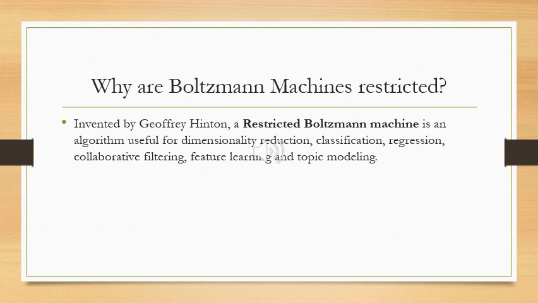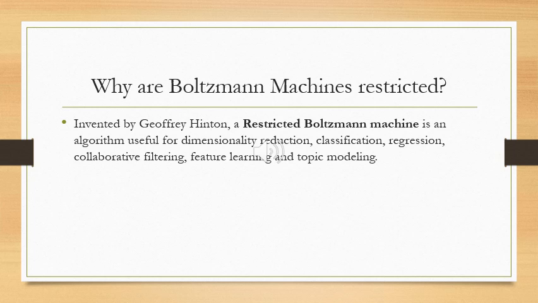So why is the Boltzmann machine restricted? Invented by Geoffrey Hinton, the restricted Boltzmann machine is an algorithm useful for dimensionality reduction, classification, regression, collaborative filtering, feature learning, and topic modeling.